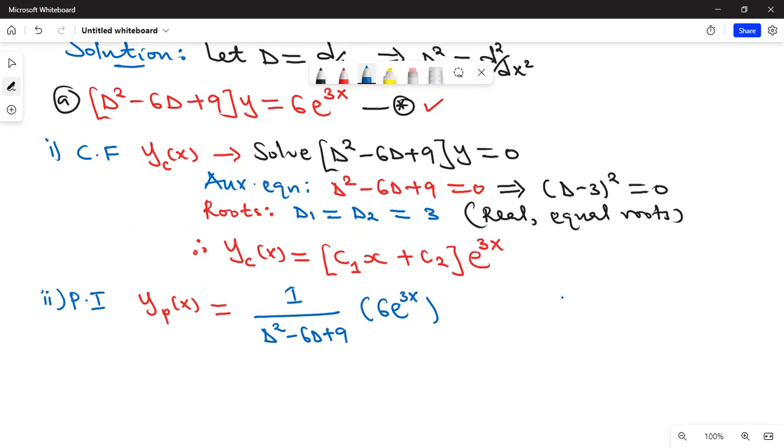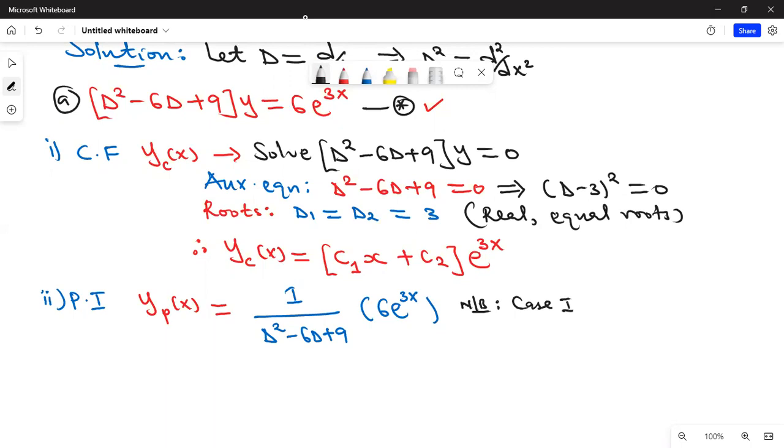If you look at case 1, we said where there is d, you need to replace by alpha. In this case, alpha is 3. If I replace d by 3, we'll have 3 squared minus 6 times 3 plus 9. That will give us 0. Take note here. You write a note that case 1 fails.